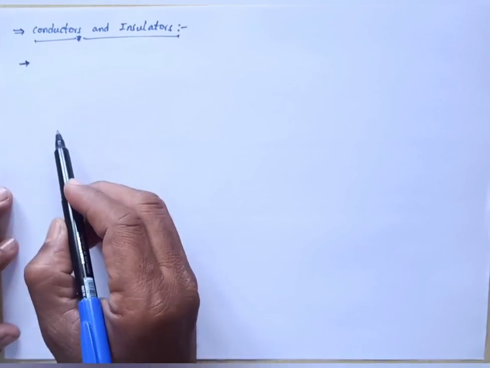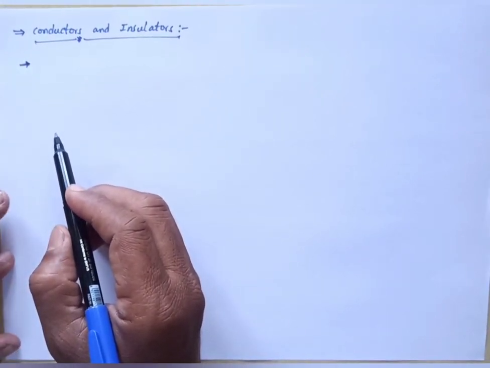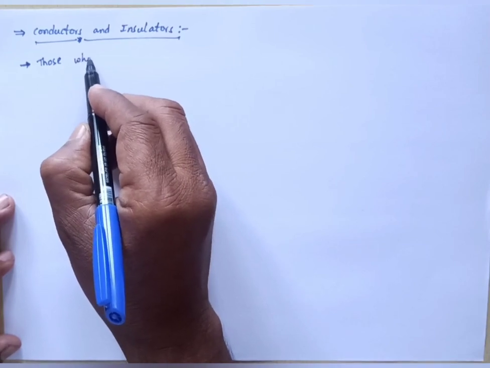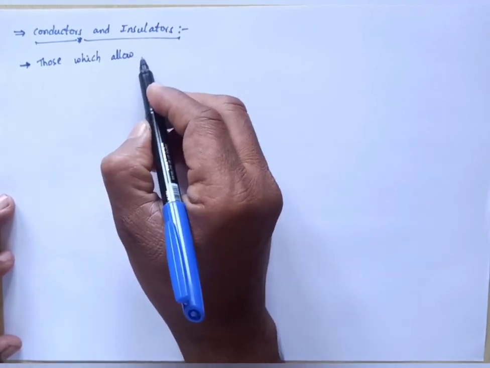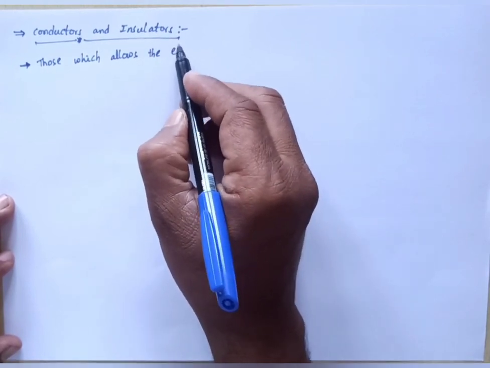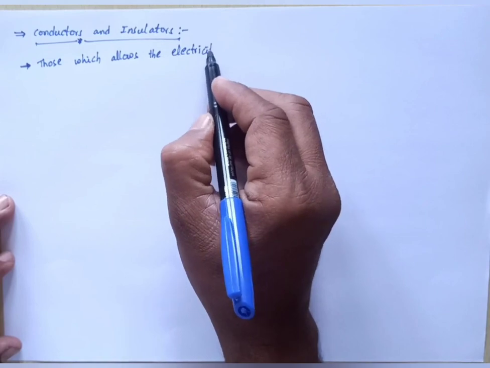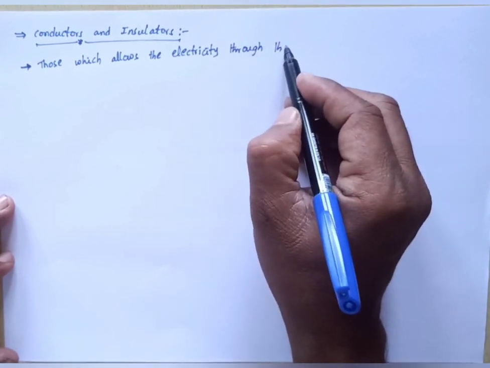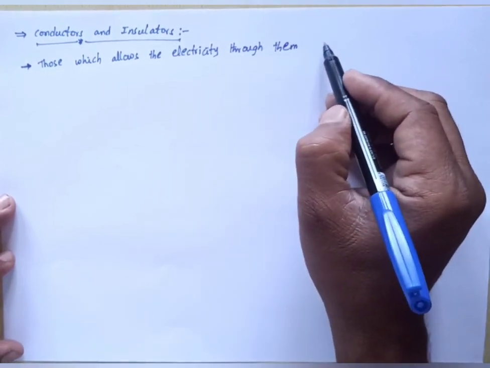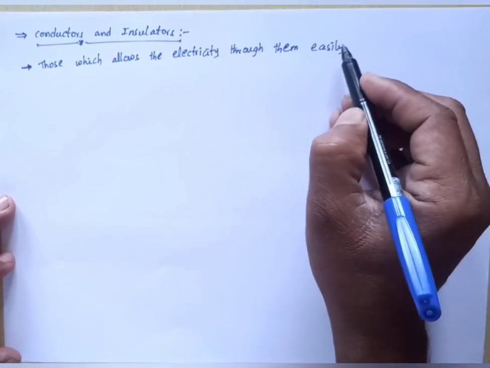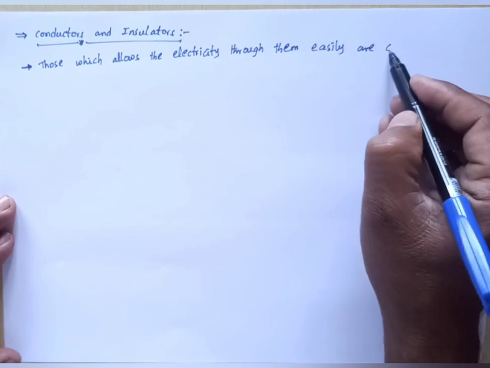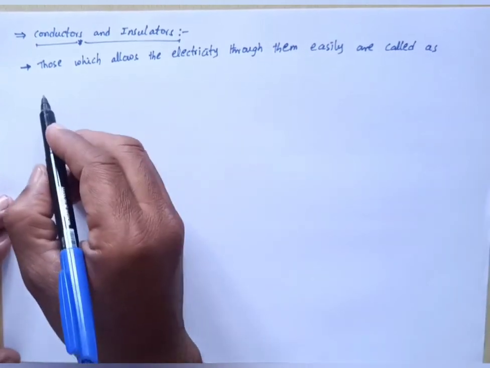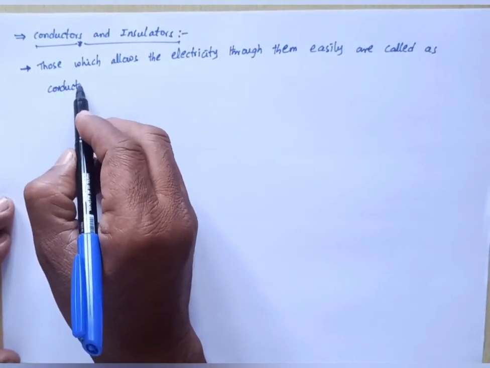We know that all metals are conductors, that is, those which allow electricity through them easily are called conductors.